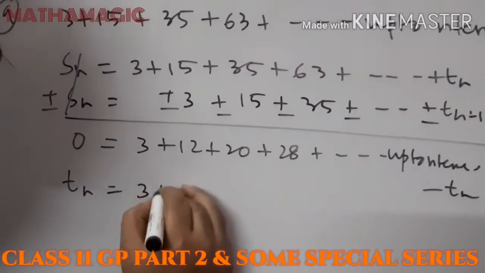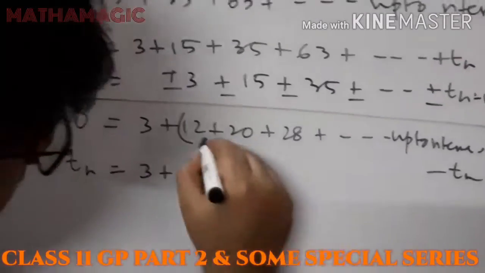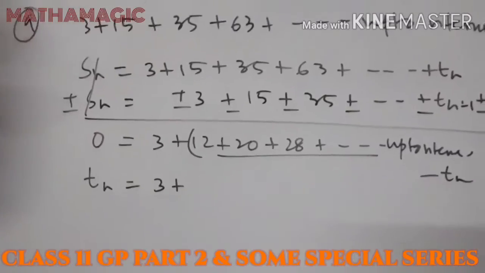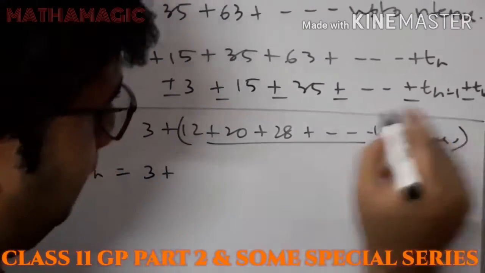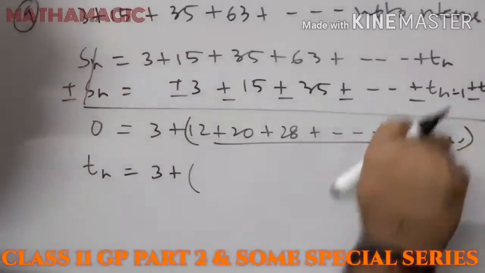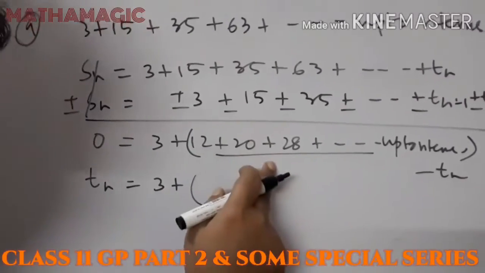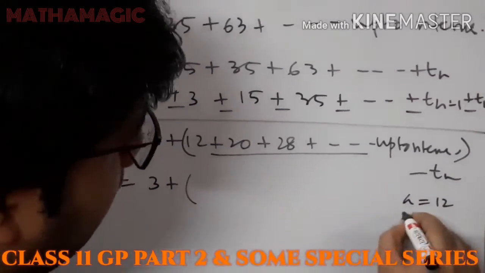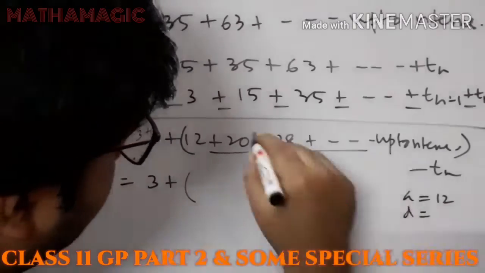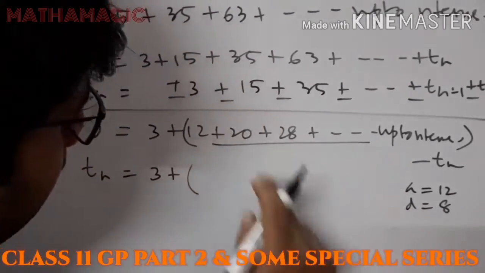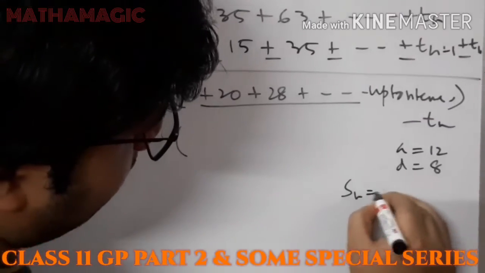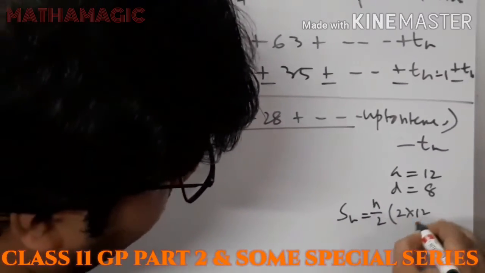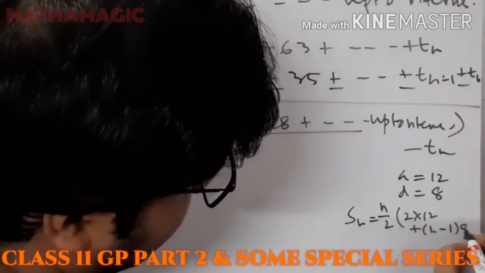then we will get T of n equals 3 plus the sum of the series. Now observe that this particular series 12 plus 20 plus 28 is forming an AP. Now we have to find the sum of the series. In order to find the sum, we have a equals 12 and d equals 8. So what will be the sum? Sn equals n by 2 into 2a, 2 into 12 plus n minus 1 into d, that is 8.